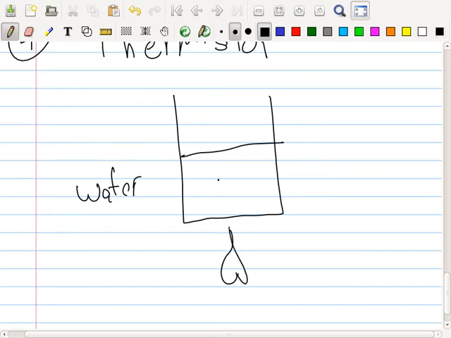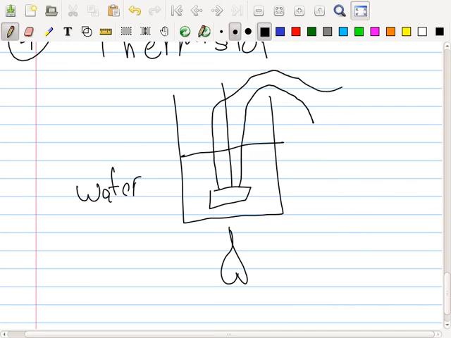Then you have your thermometer, and your thermistor, and a cable, and then you have your measurement here. So you pass the current through here, and it goes along here.